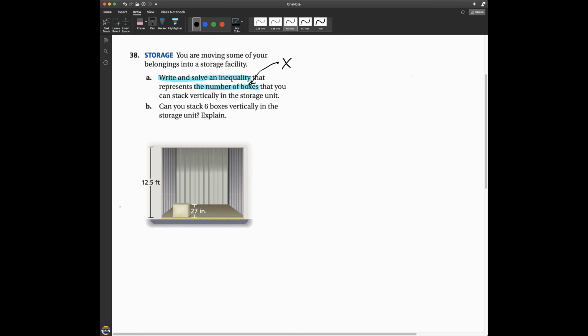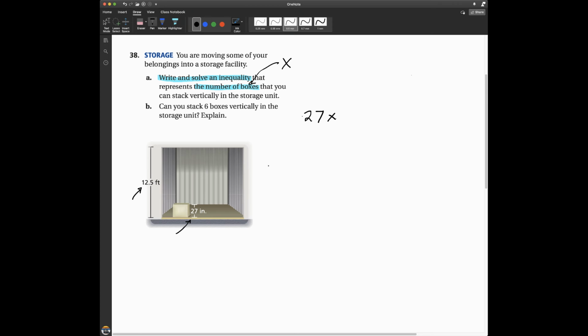So here's my storage unit. This is how tall it is, and this is how tall each box is. So I want to figure out if I take 27 inches and I multiply it by the number of boxes I have, that will tell me how tall that stack of boxes is.